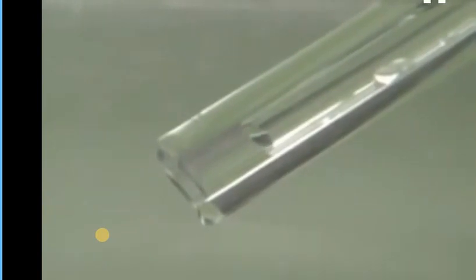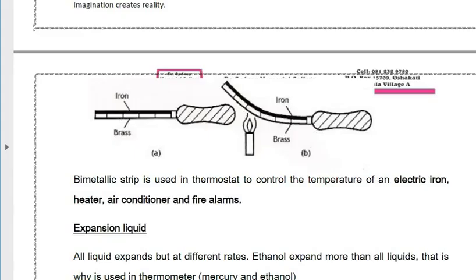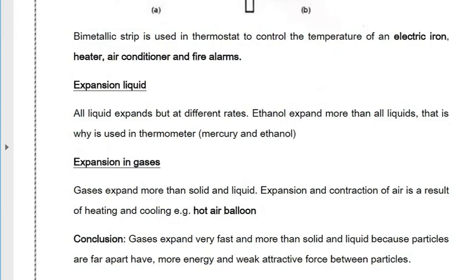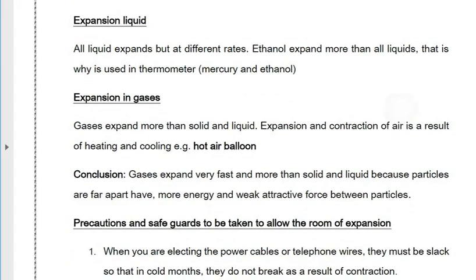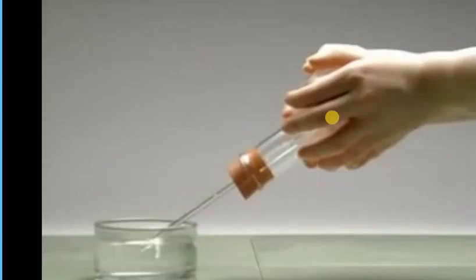So guys, I hope you were able to see how expansion in liquids works and how expansion in gases also works. From the final video, when the person puts their hands on the round bottomed flask, they're heating it up, so the gas inside the flask expands.